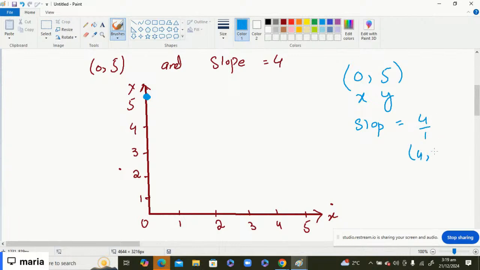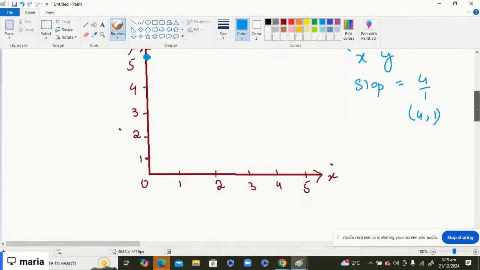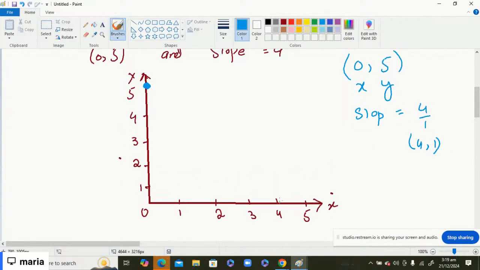Sorry, it's 1 and 4, I did it the wrong way. So x is 1 and y is 4.